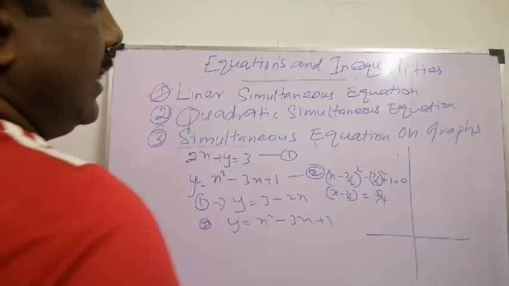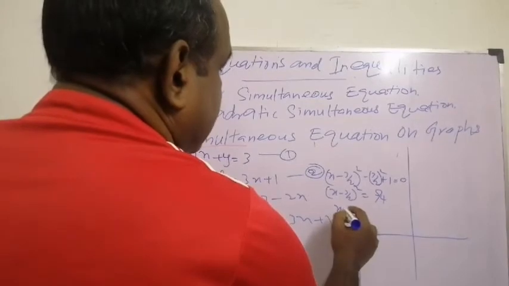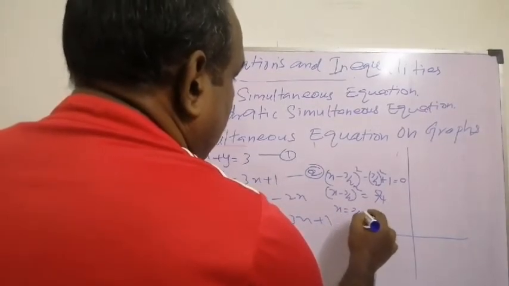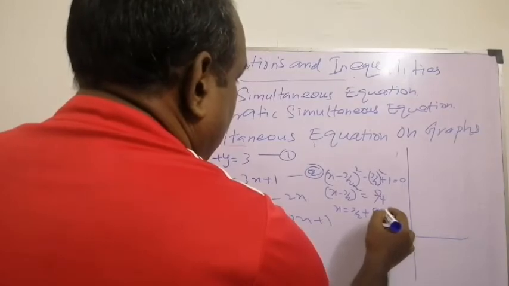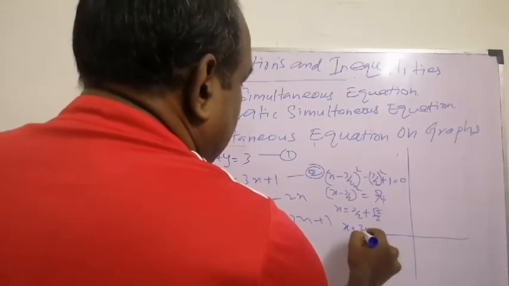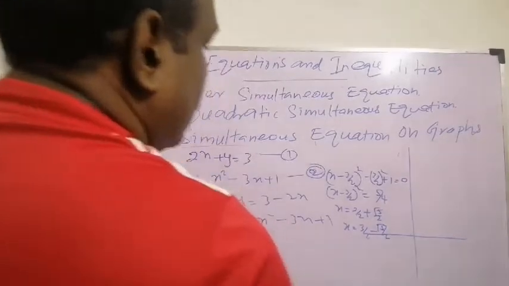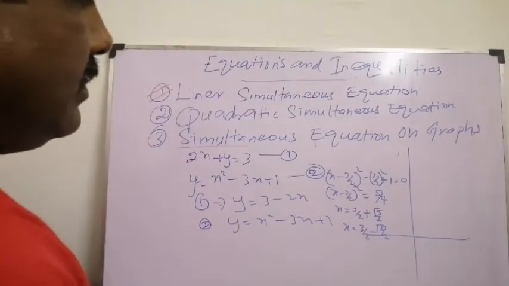Then it goes to the other side, x is going to be 3 over 2 plus or minus square root 5 over 2, or else x is equal to 3 over 2 minus square root 5 over 2. These two answers are going to be the solutions.